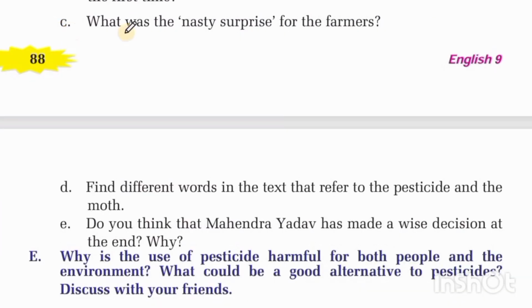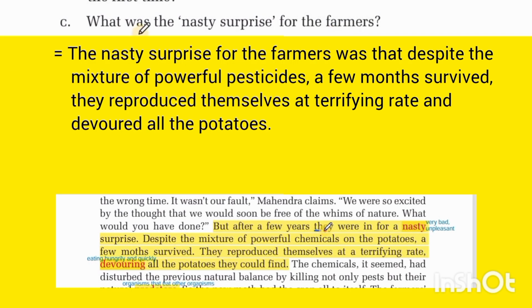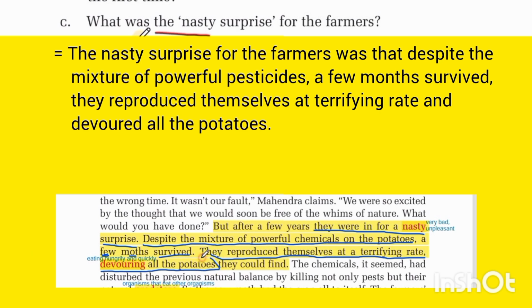Question C. What was the nasty surprise for the farmers? Possible answer. Despite the mixture of powerful pesticides, few moths survived. They reproduced themselves at a terrifying rate and devoured all the potatoes.